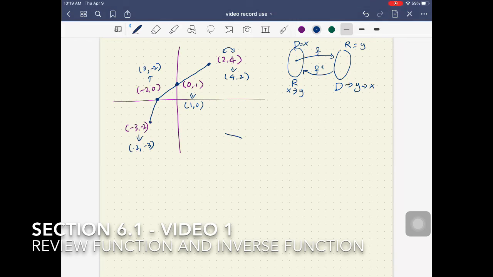So the corresponding inverse function graph has the points 4, 2, 1, 0, 0, negative 2, and negative 2, negative 3.